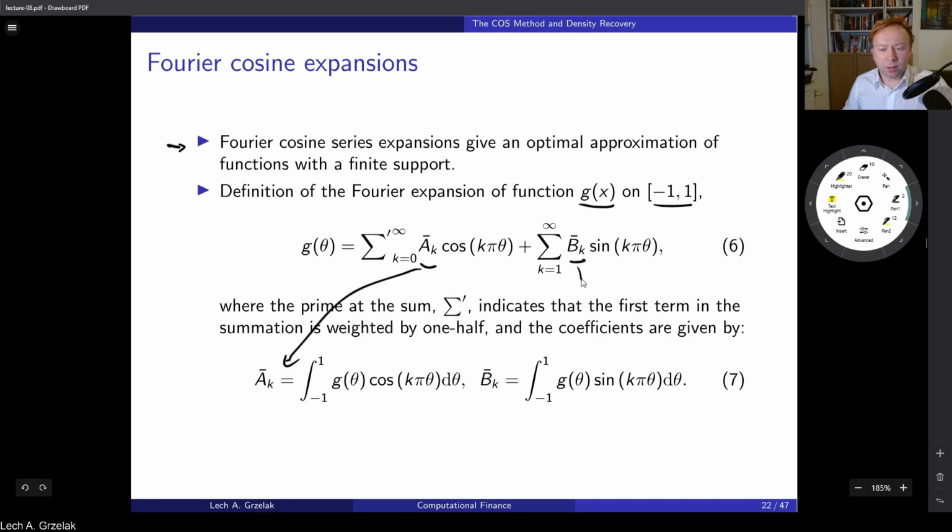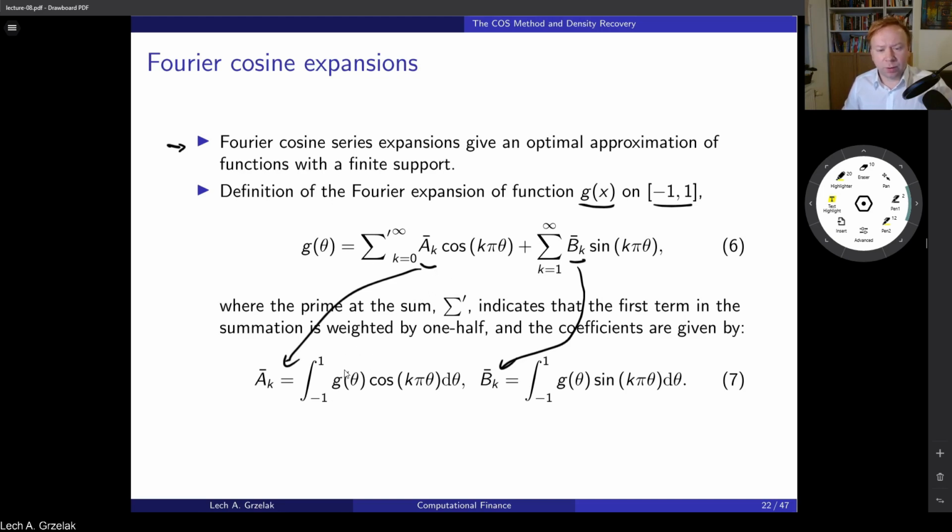Once you look at this representation, it doesn't look very handy, because you can read it as follows: if you would like to have a function g, then essentially you need to calculate an integral of function g. So you can see that this is not really handy. However, in the COS method, these relations are nicely found using the characteristic function, but these are details for later.